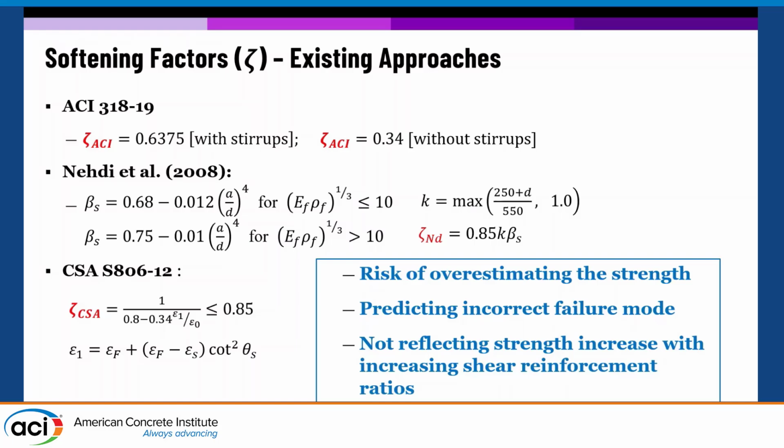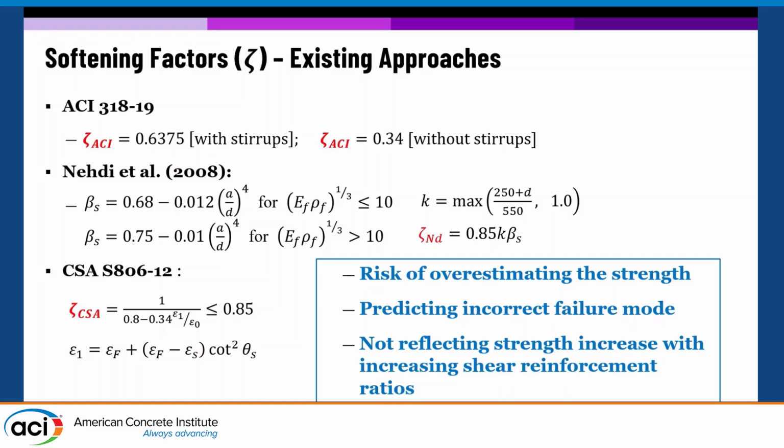Strut-and-tie should be a lower bound model, so we should always be on the conservative side. But predicting an incorrect failure mode is also a problem. You predicted something close, but it predicted something different. And the next thing is predicting different trends. Beams with more stirrups were weaker than beams with fewer stirrups. It doesn't make sense, and it's not experimentally working this way.